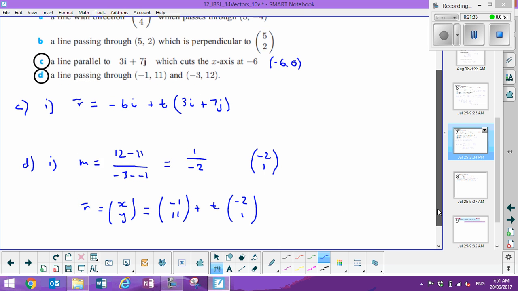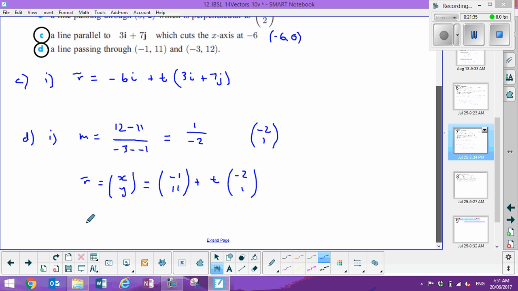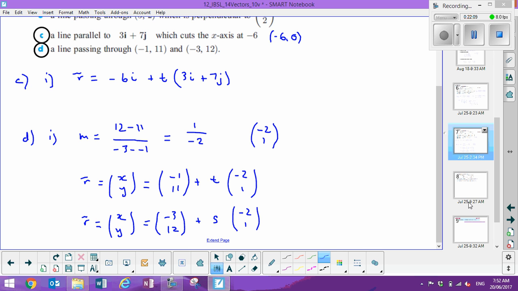The other equation is xy, and we could take the other point, minus 3, 12. If I was writing them both in the same story, I would need to take a different parameter here. So let's take s with minus 2, 1, the same direction vector, but because we're starting at a different point, we'll need to take different amounts of this direction vector to reach that same point. And we'll see that more and more where we want to take different values.